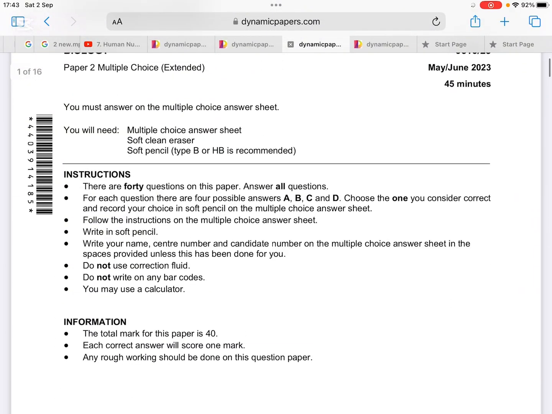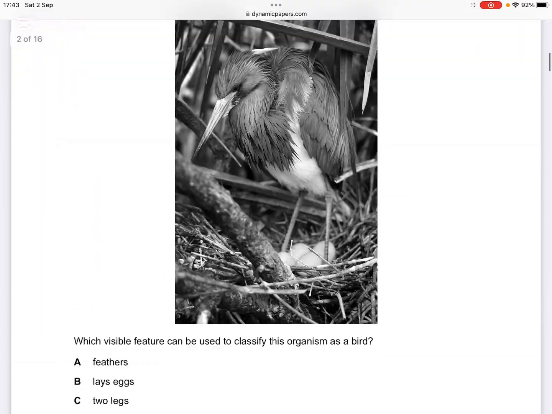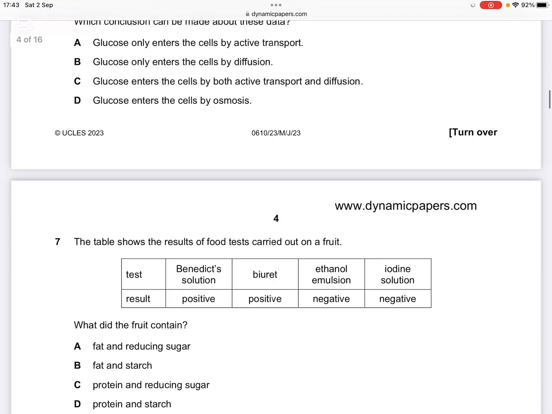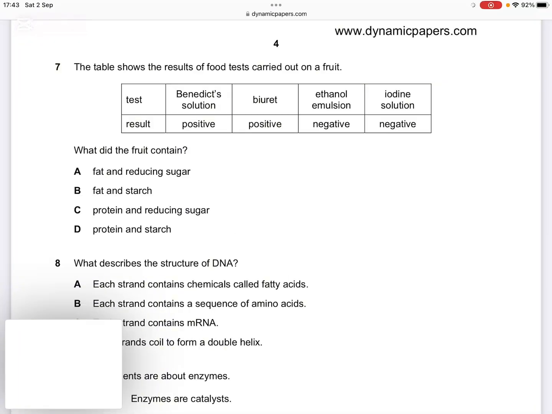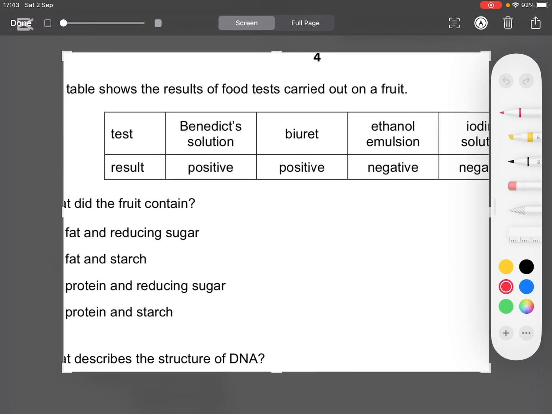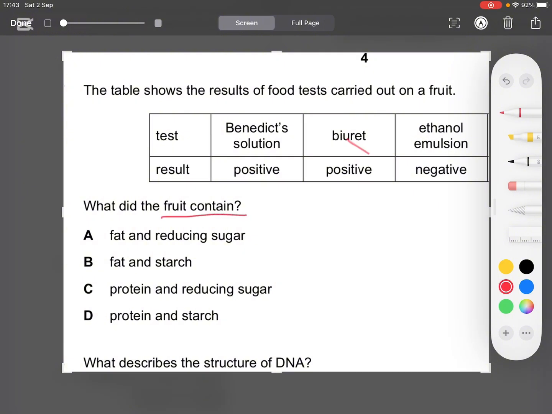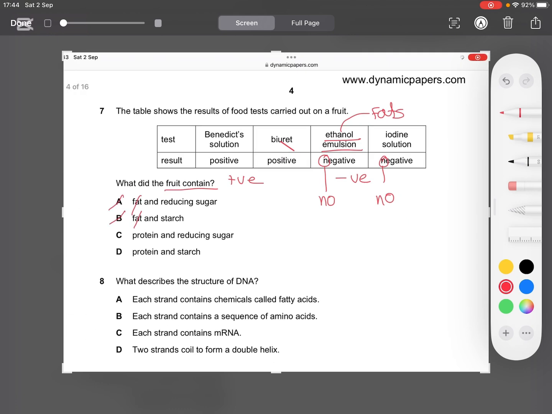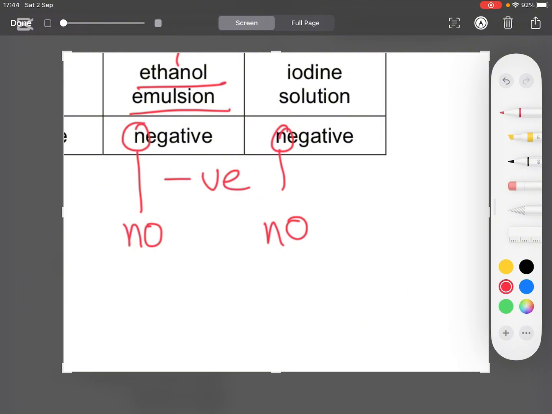This is May-June variant 3, and we have these 2 questions. Yes, only these 2 questions. So the table, it's not A, neither B. And no for iodine.